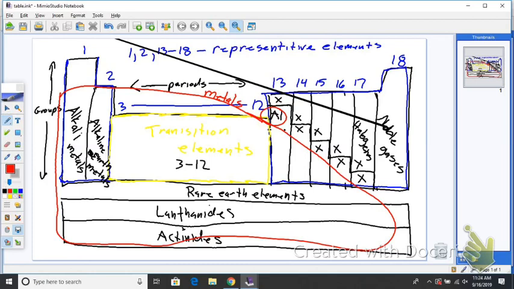Then we've got this middle section of X's. Those are metalloids. They're not like a metal, but they are like a metal. They do conduct electricity, but not very well. They are kind of shiny, like metals. Metals are shiny and have a luster.